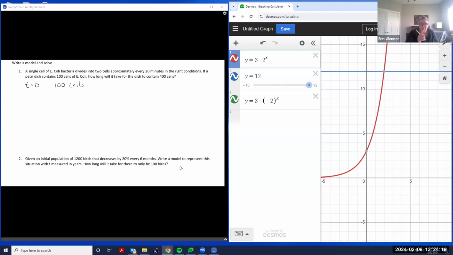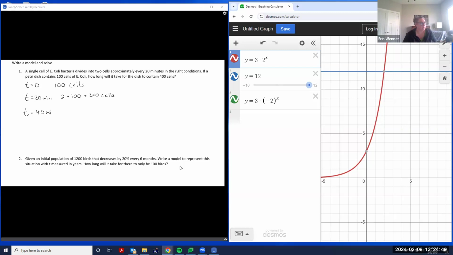If I go from one cell and each one divides, it's giving me 2 to replace it, right? So then at t equals 20, how many cells am I going to have? 200, right? Because we're doing 2 times 100, which gives us 200 cells. Okay, 20 minutes later, 40 minutes.